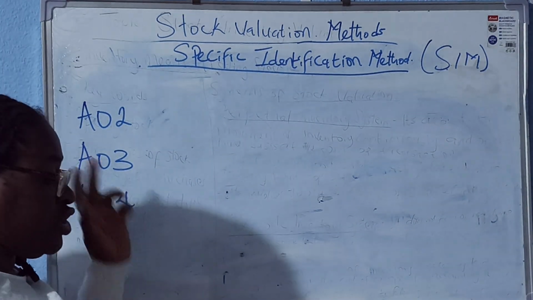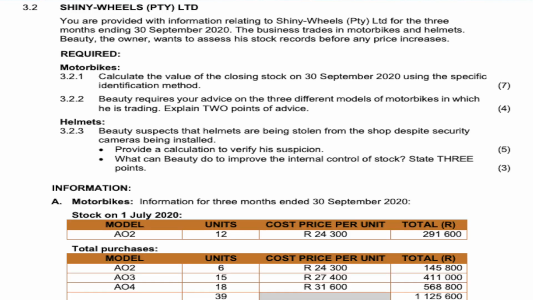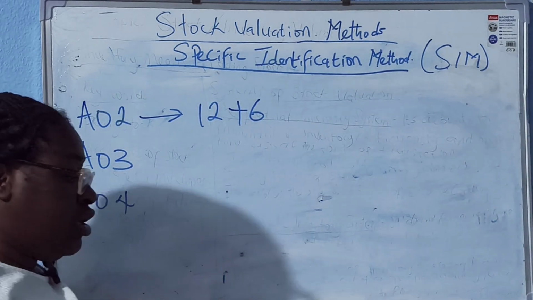Right. Now, if you check the A02 model, the A02 model forms our opening stock. So for the A02 model, we have 12 units as our opening stock, and during the year, we purchased another 6 units. So the total units we have for the A02 model stands at 18 units.